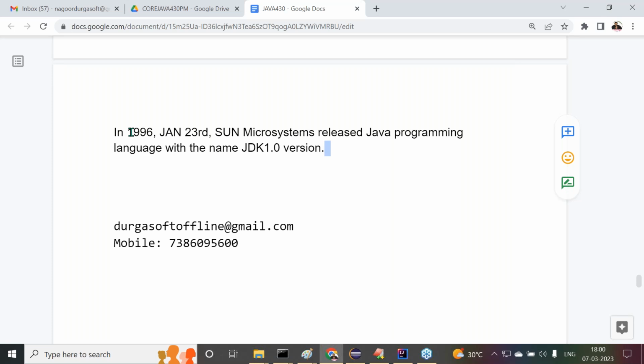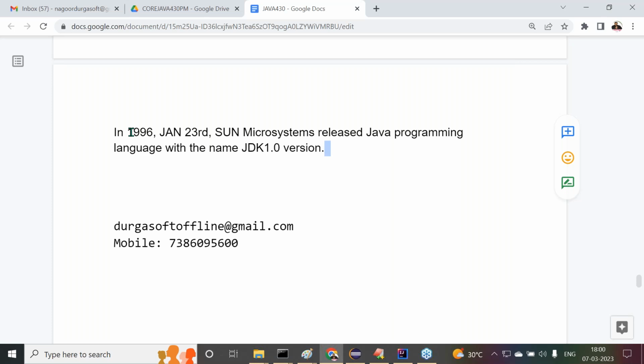When Oracle Corporation took over Java, from the Java 11 version onwards, Oracle Corporation made Java a licensed version for corporate use. In companies, Java is licensed from the 11th version onwards. Before that, versions can be used free of cost.